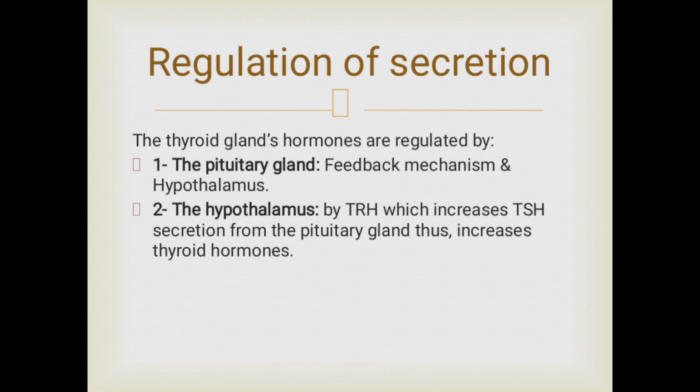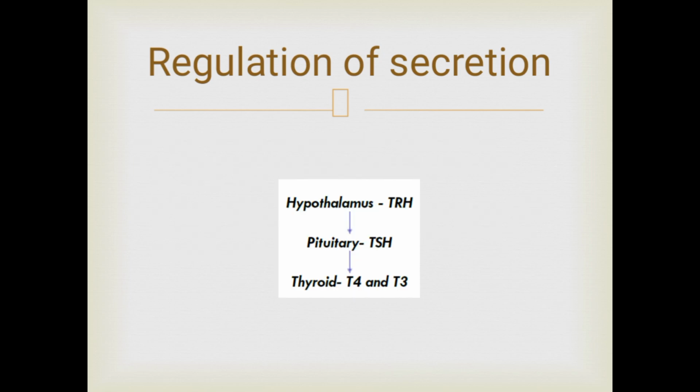Thyrotropin releasing hormone then acts on the anterior pituitary gland to release the thyroid stimulating hormone. Just from the word itself, thyroid stimulating hormone. The thyroid stimulating hormone released from the anterior pituitary gland will now go and act on the cells of the thyroid gland. That will make now the production of the thyroid hormone. And these thyroid hormones that will be produced are T3 and T4 and also calcitonin. But in this instance, we are just focusing on T3 and T4.